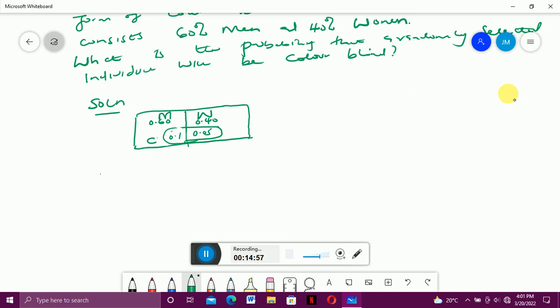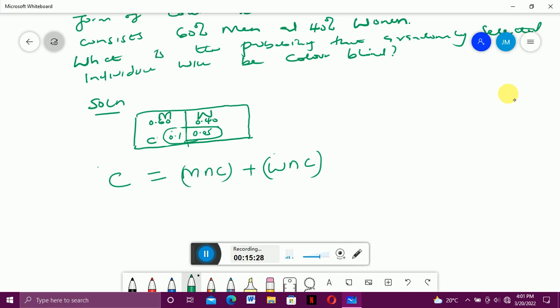So we want to get the probability that a randomly selected individual will be colorblind. The set of colorblind consists of men who are colorblind plus women who are colorblind.